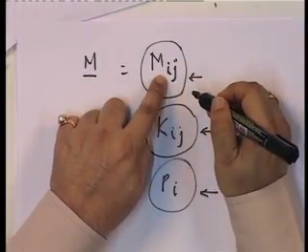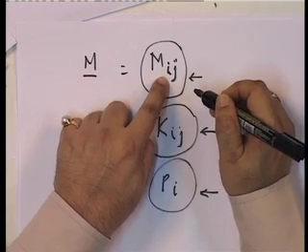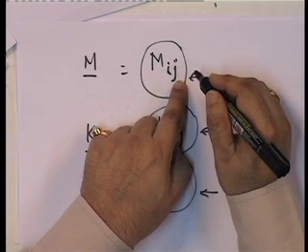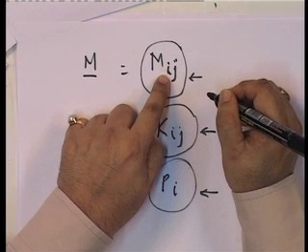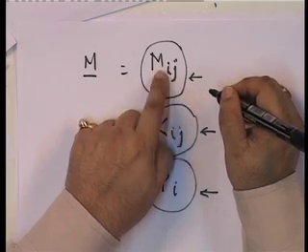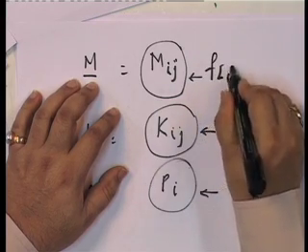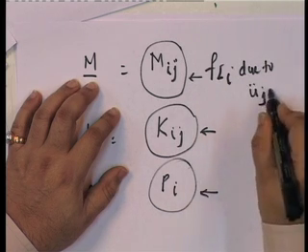And if you look at this, what is this? This is the inertial force corresponding to displacement degree of freedom u i due to a unit displacement, I am sorry, unit acceleration. So, this is the force corresponding to degree of freedom i due to a unit acceleration corresponding to j. That is this. So, all we need to do is find out the force at i due to unit acceleration.